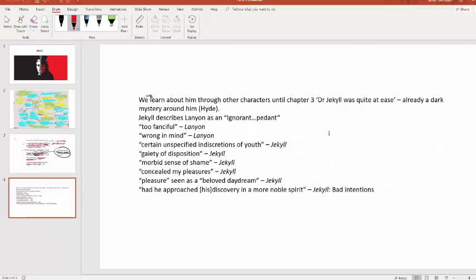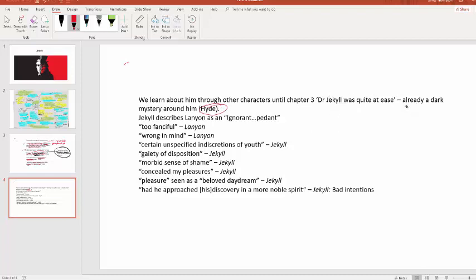The first thing to say, a useful thing to think about, is that we learn about him, as I said before, through other characters until we get to chapter 3. So we have two whole chapters where we hear about him. We hear about his relationship, or possible relationship, to Hyde. We hear about all these awful things Hyde does, and we hear of the will and Utterson's worries about him.